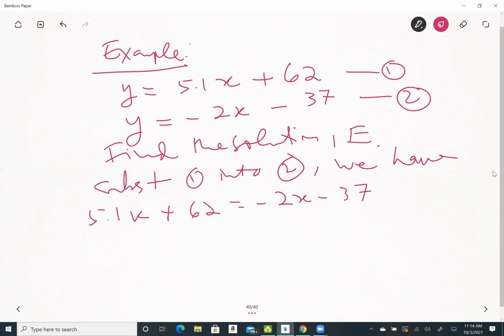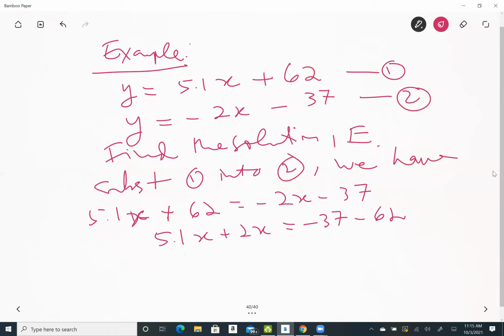If you go back to the method of substitution, we will solve for x first. So you bring the x to the left, and we get 5.1x plus 2x equal to negative 37 minus 62.